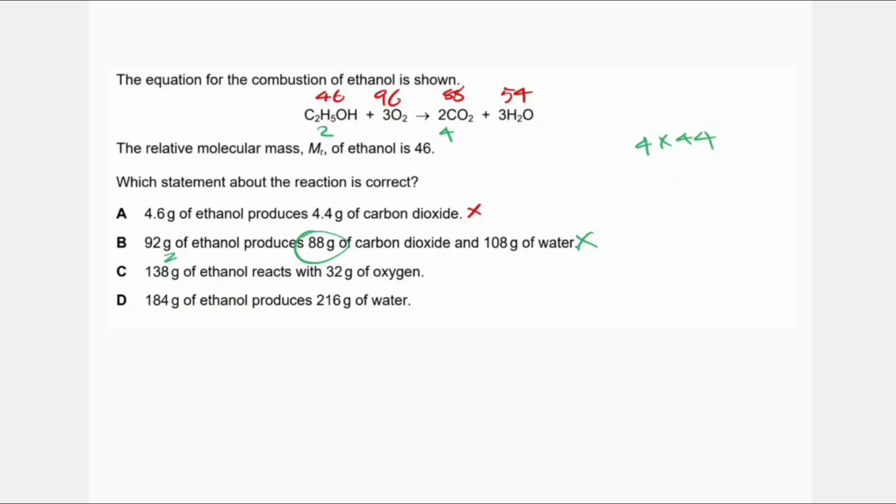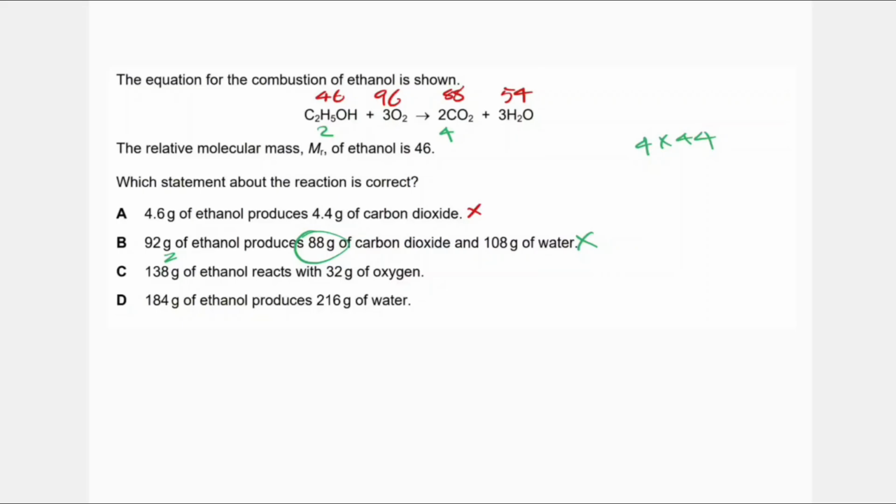That is wrong. If you look at the next option, 138 grams of ethanol reacts with 32 grams of oxygen. You don't have to do any calculation. Just look at the values that we have. With 46 itself, you need 96 grams of oxygen. 96 is way higher than 46. So with 138 grams of ethanol, you should definitely need more than 96, which is more than 32. So it's just common sense.